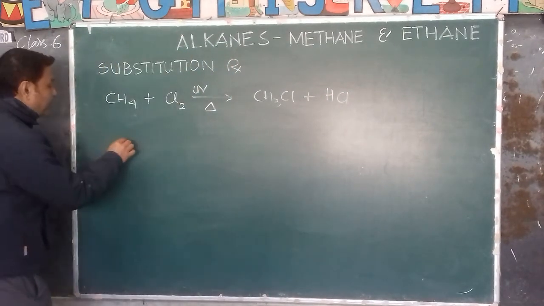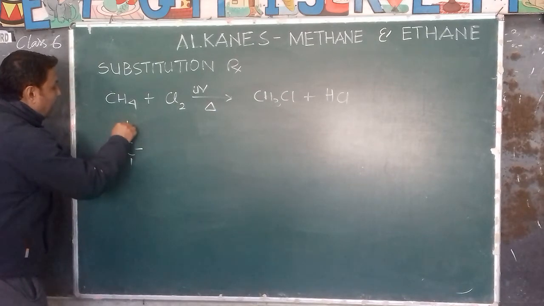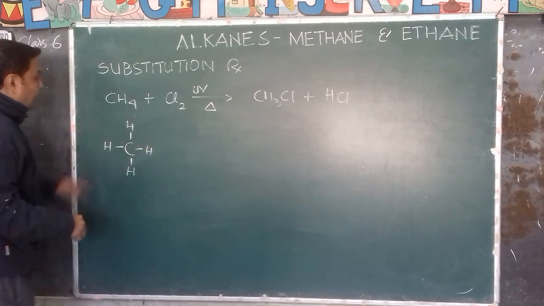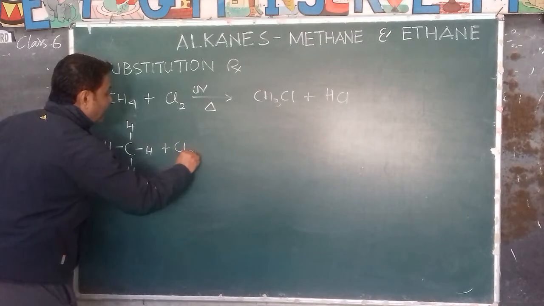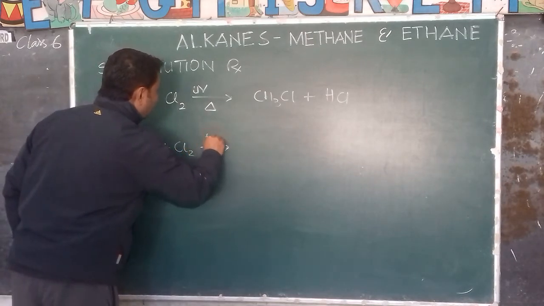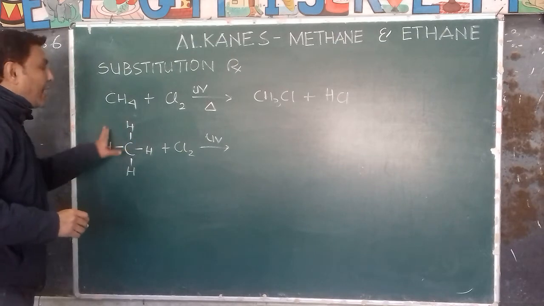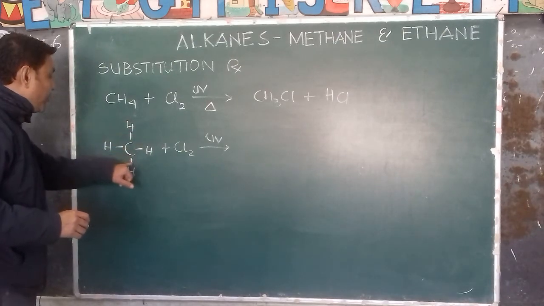I'll further explain this using the structural formula, then I'm sure you will understand. So methane CH4 plus chlorine under the UV ray: methane has 4 hydrogens, with single bonds obviously.